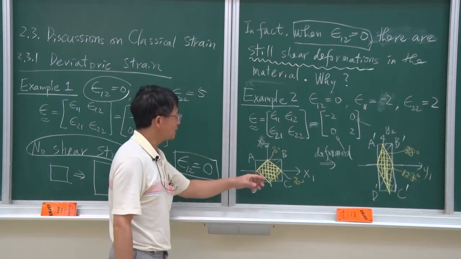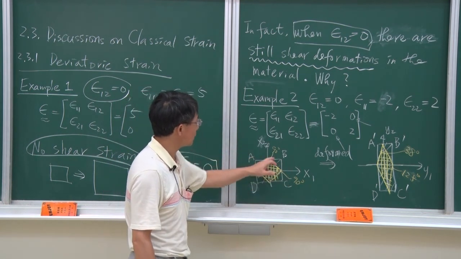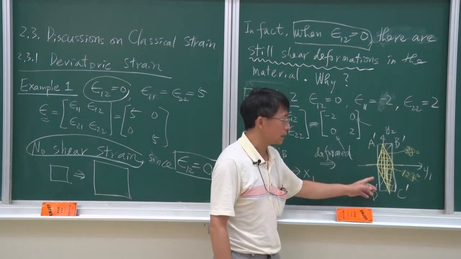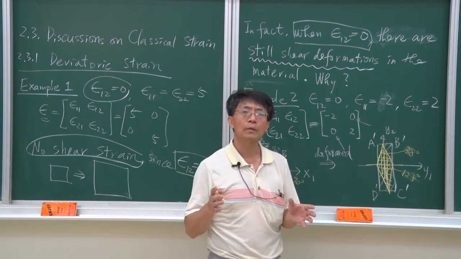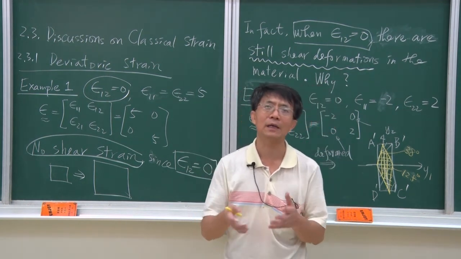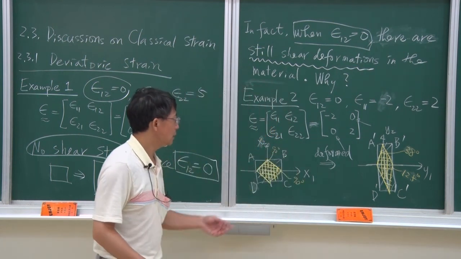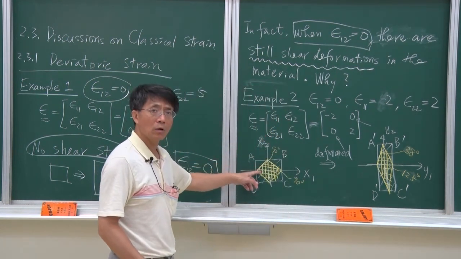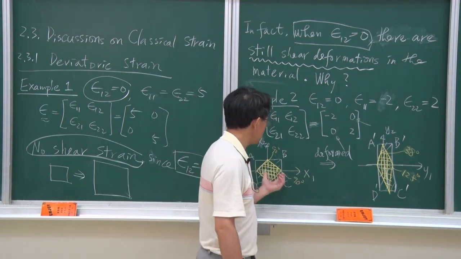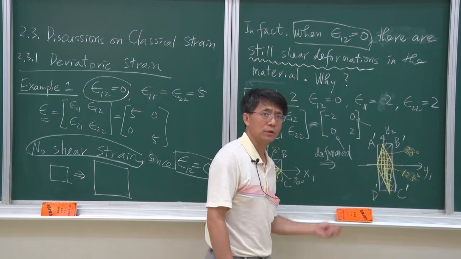So, if you look at the white material A, B, C, D, it becomes A', B', C', D'. You don't find out easily that the material still has shear deformation. But if you look at the yellow material, you find out that it has been deformed by a shear deformation.